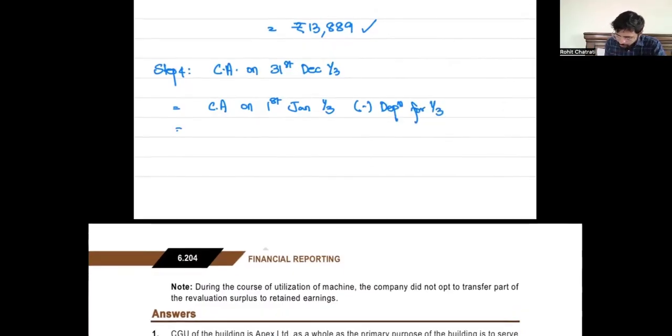All right, carrying amount on 1st Jan year 3 after revaluation is 2,50,000 less 13,889 of depreciation for year 3, is going to be equal to rupees 2,36,111.